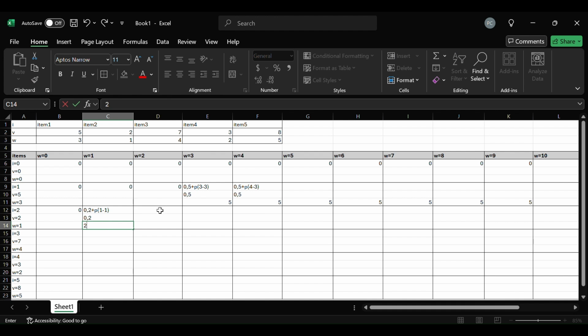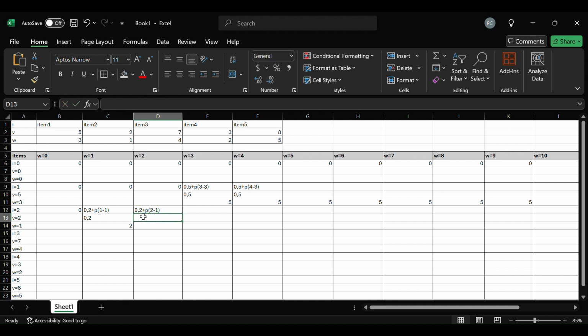Then we move on to the next situation and we repeat this step. So our weight limit is 2. So we can pick up this item now. So if we don't pick up, the value will be 0. Again, I'm getting it from here, this block above it. Or if we do decide to pick up, our value will be 2 plus the profit of the remainder, which is the weight limit 2 minus the weight of the item 1.